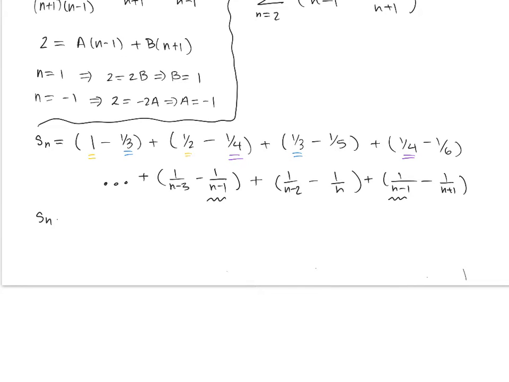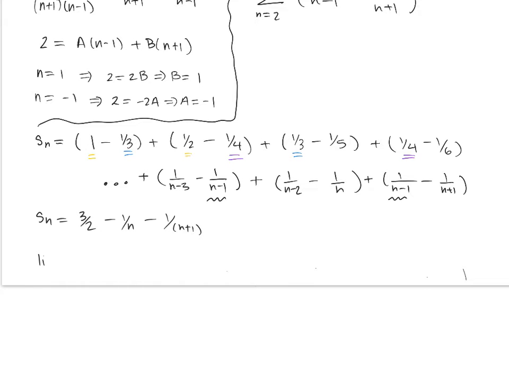So S sub n is going to equal that 1 plus a half is 3/2. And then we have minus 1 over n and minus 1 over n plus 1. Everything else in the middle is gone. And so how do you find the sum of the actual series?